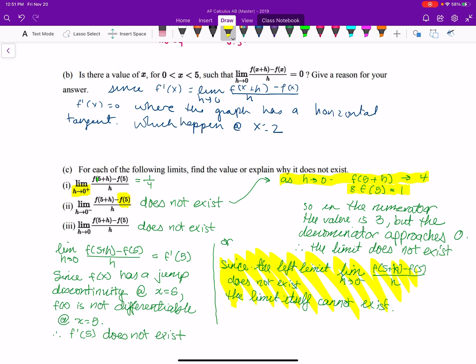Another is to state that this is the definition of the derivative at 5, and since f of x has a jump discontinuity at 5, f of x is not differentiable at x equals 5, so f prime of 5 doesn't exist, or the limit doesn't exist. Both of those answers work just fine, okay? So that's part C.